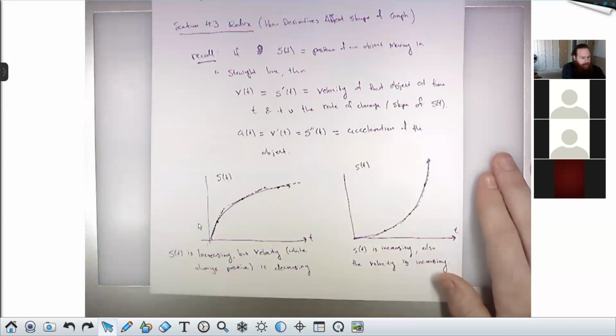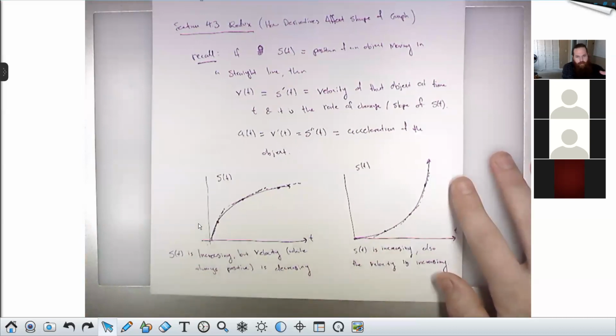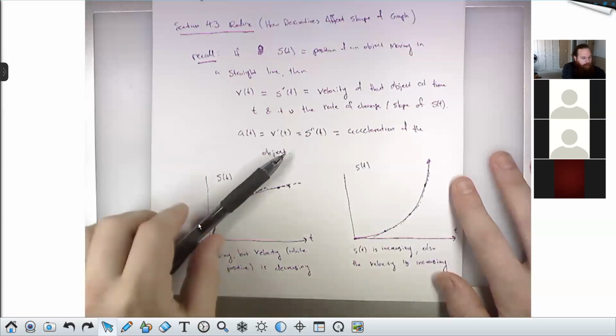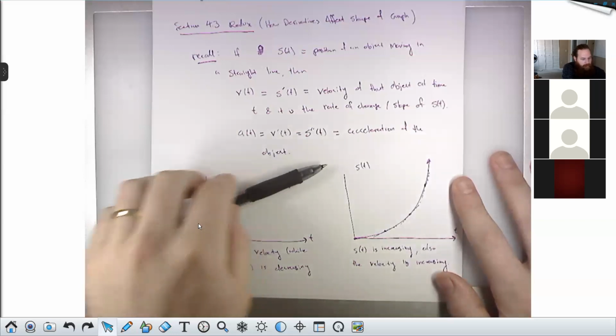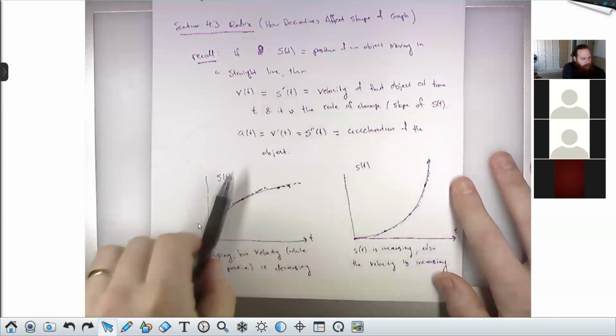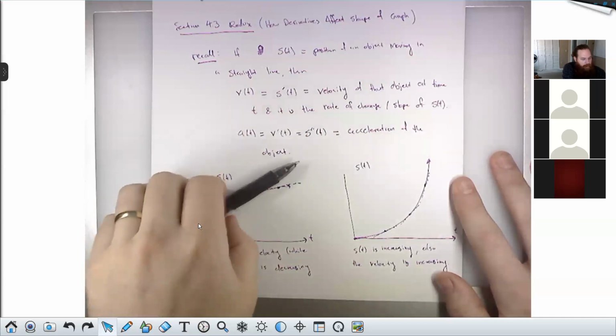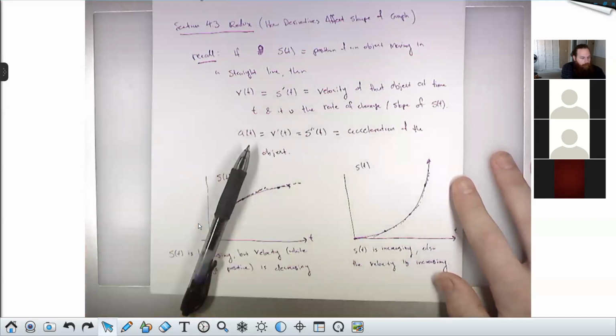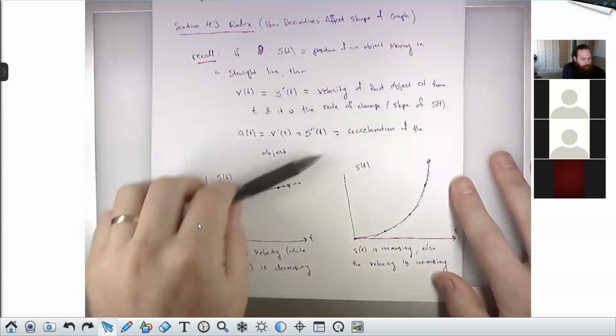If you think about this as being like a car accelerating down a straight road, then what's happening here is I start with my foot on the gas quite hard, and then I'm letting my foot off the gas. In fact, I've let my foot all the way off the gas and I may be hitting the brake. So I start off going quite quickly, but then I'm slowing down.